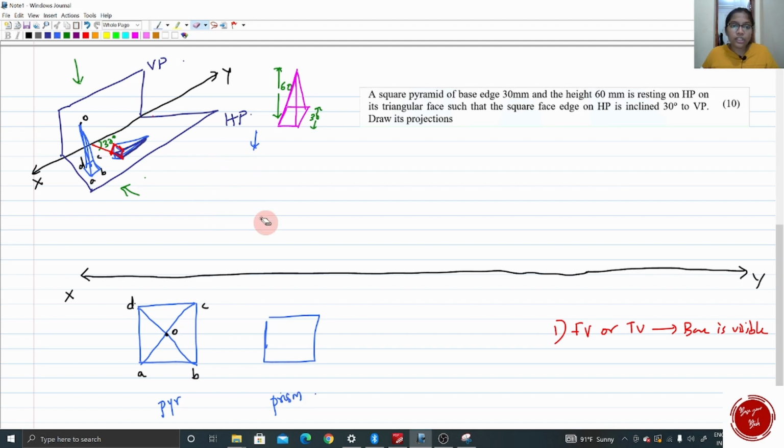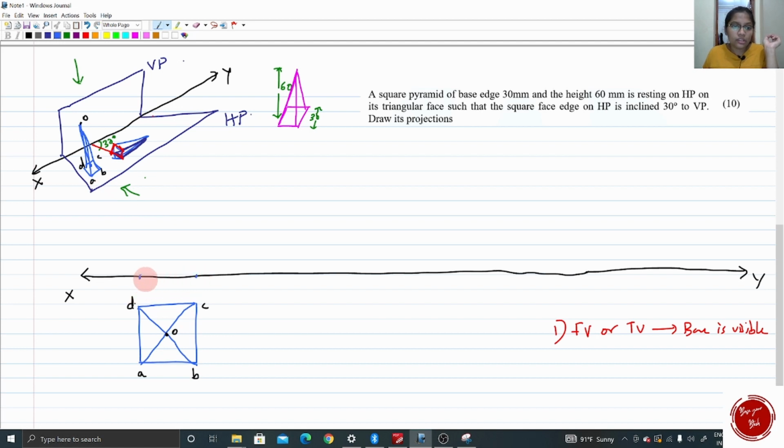Okay, now let's draw the front view for this figure. So this is how we start. We have to start from the view in which the base is clearly visible. Next is the front view. So we can see the base touches the XY line.